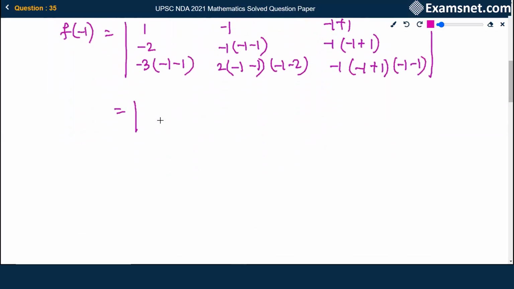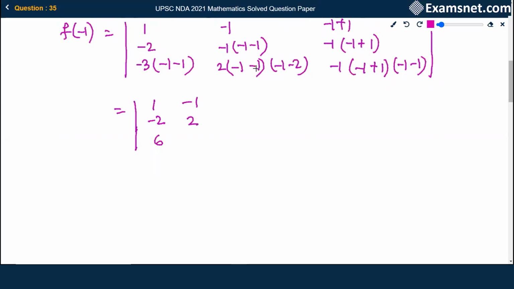It will give us the value, I mean the determinant, 1, -2, -2, -3, 6. Next, -1, -2, 2.